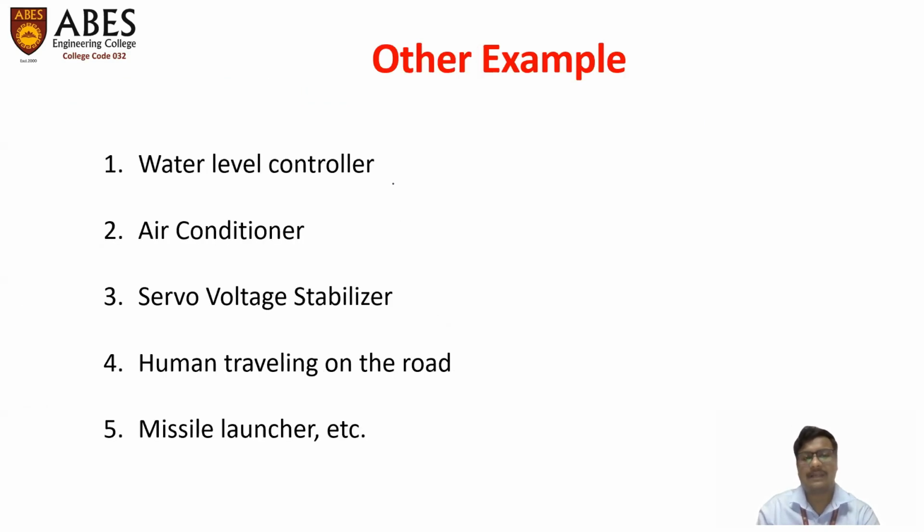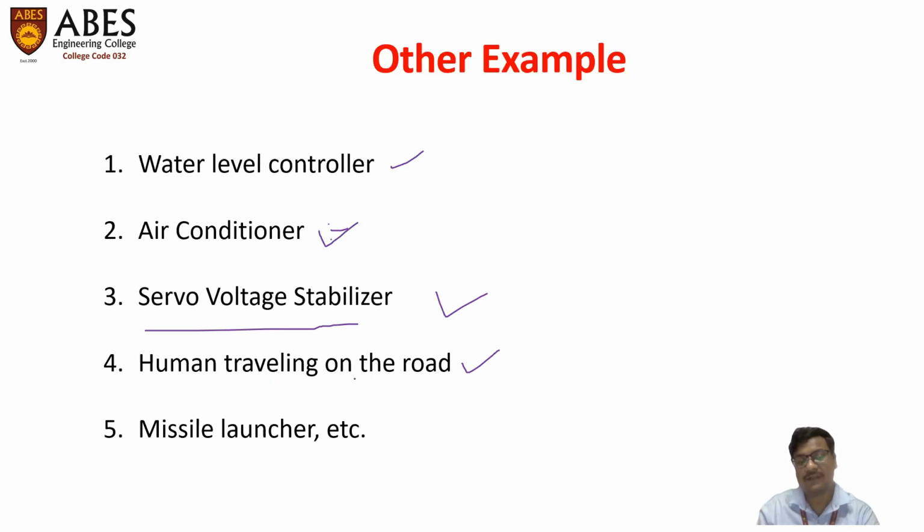Other examples are the water level controller and air conditioners. In the case of the air conditioner, you already know there is also a thermostat. The thermostat initially checks the temperature of the room. Then depending upon the temperature, it turns the compressor on and off. Then there is the servo voltage stabilizer. One of the most interesting examples is a human traveling on the road.